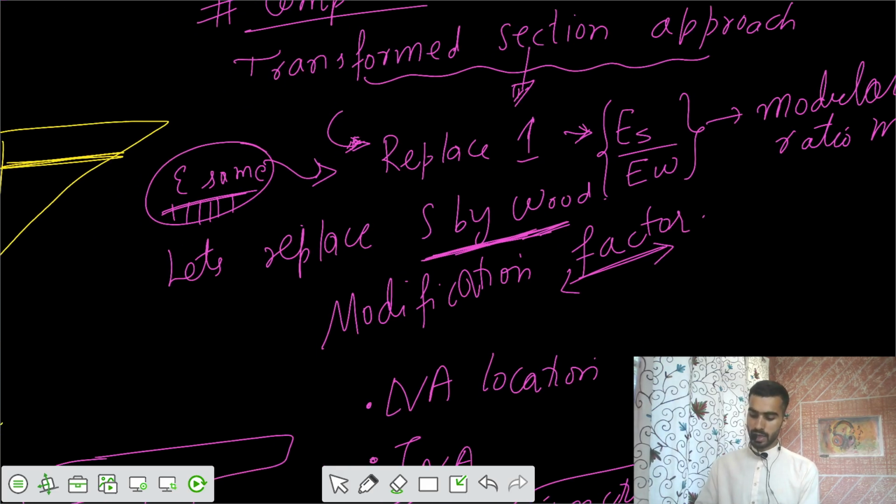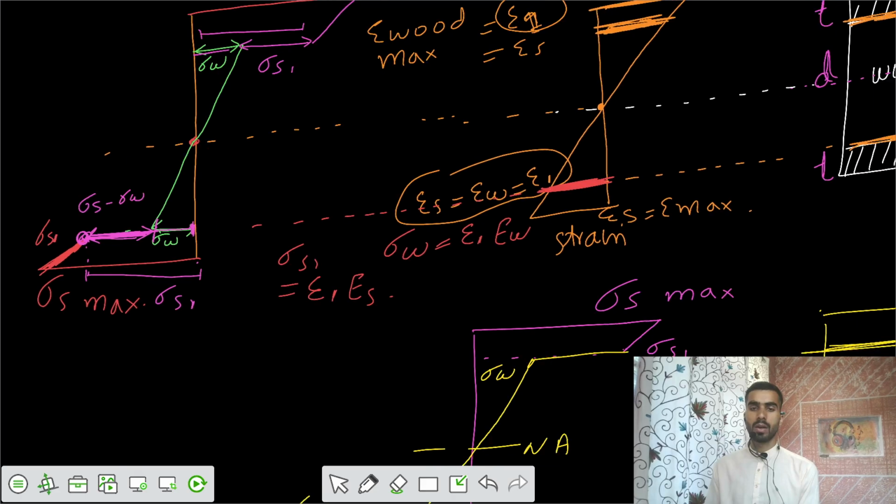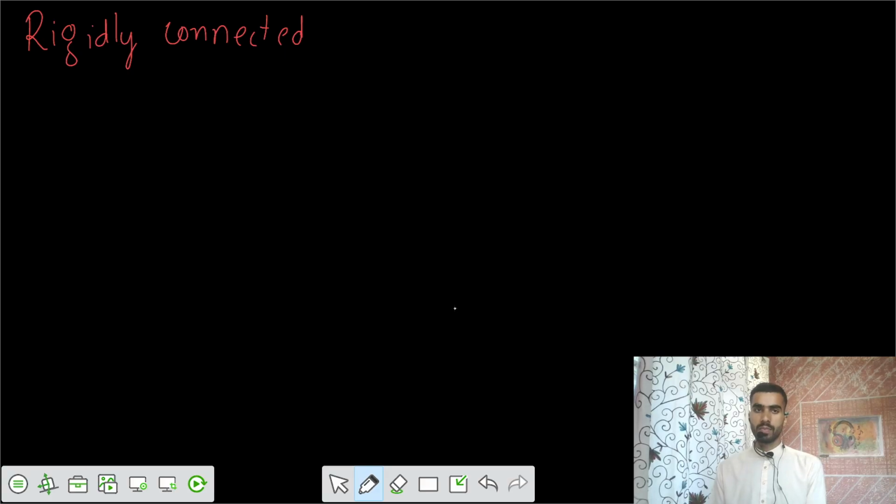Let's take problem number 1 on this concept. We have a problem with rigidly connected, unsymmetric sections.